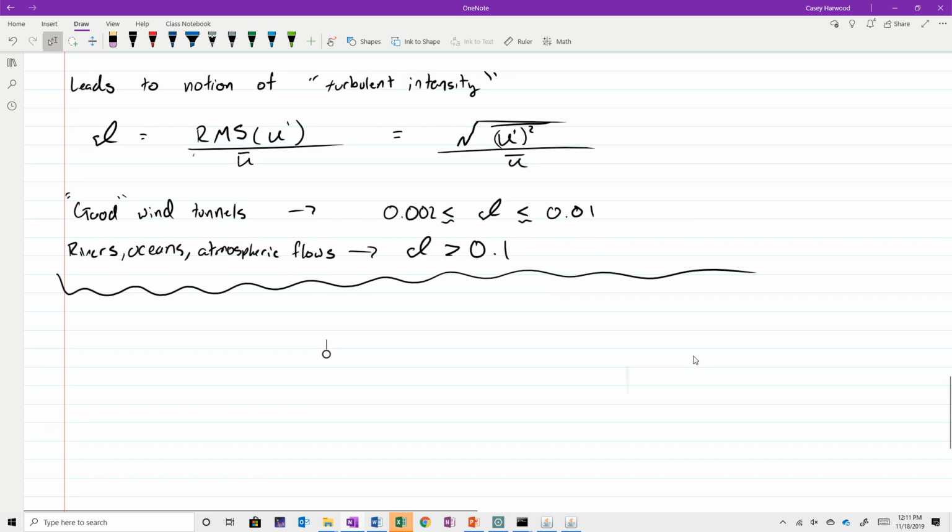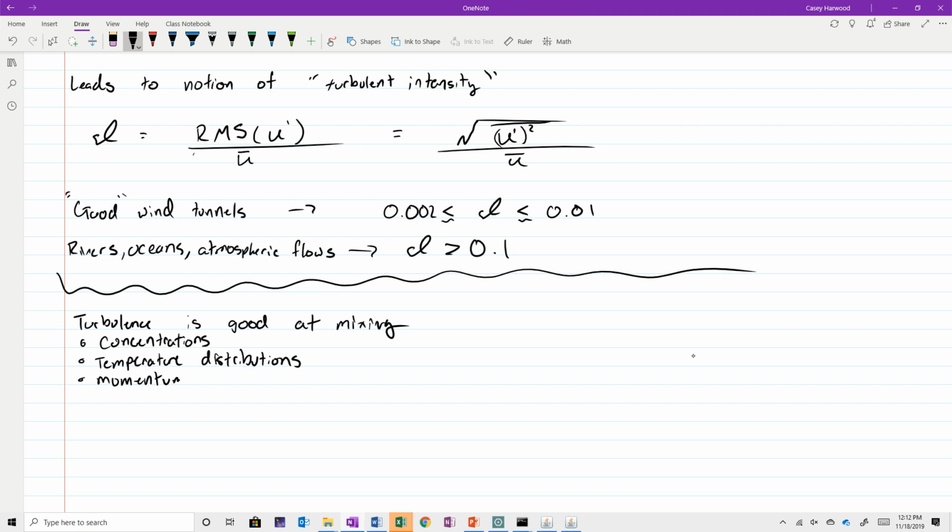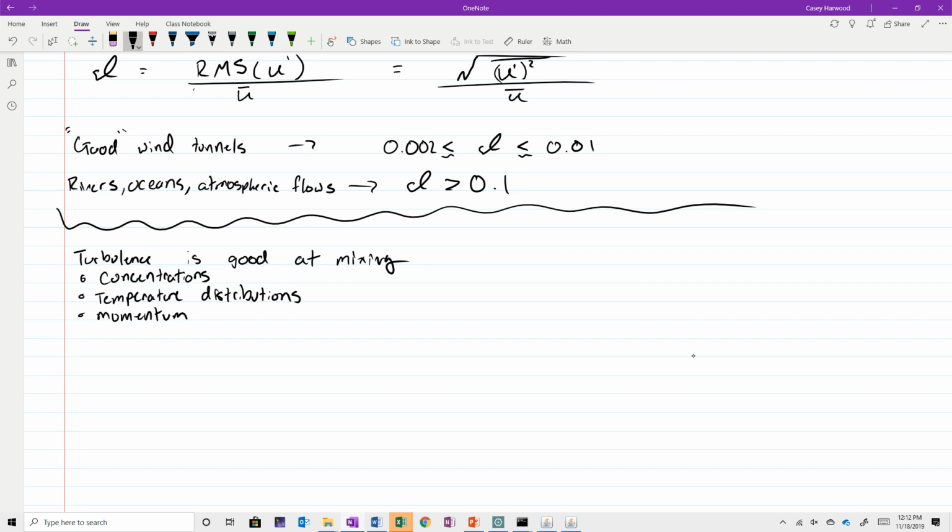So what happens in a turbulent flow? It's good at mixing concentrations, things like temperature distributions, but also momentum.